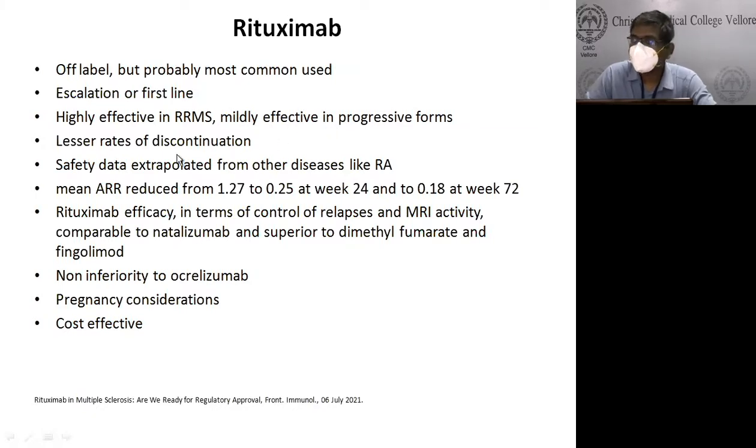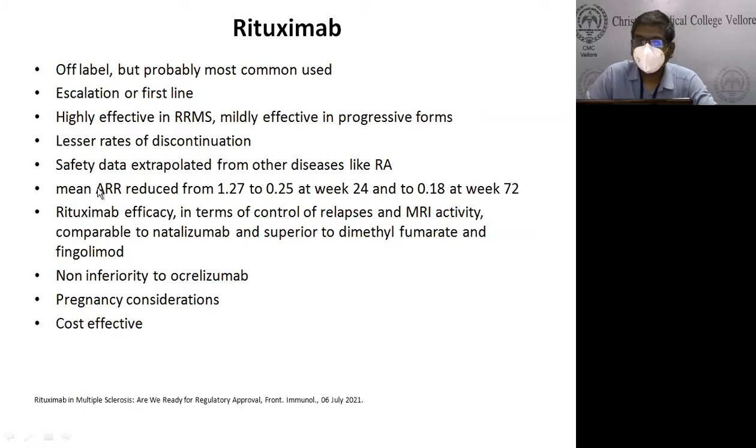It has very low rates of discontinuation because it's only a once in 6 months kind of infusion, which over a period of time patients need to take only once in 9 to 12 months. And we have a lot of safety data extrapolated from other diseases like rheumatoid arthritis. We have safety data from around 7 to 11 years, which found that the risk of infections, leukopenia, secondary malignancies, etc., is very negligible if used in a proper dosage with adequate monitoring of your immunoglobulins as well as your B cells.